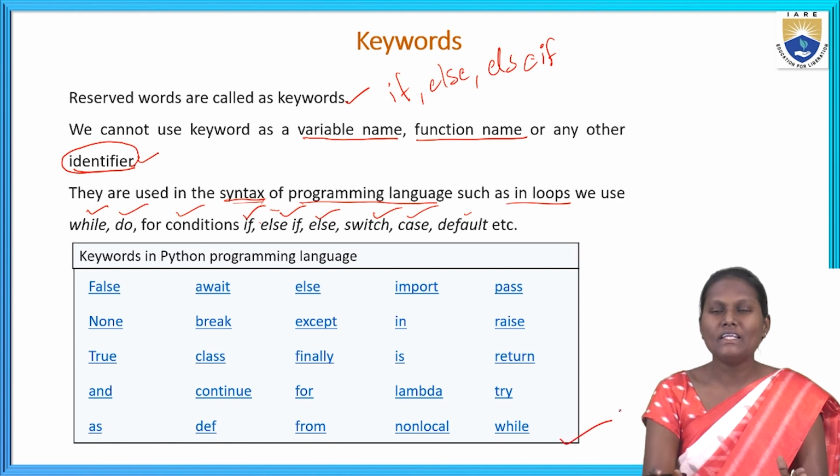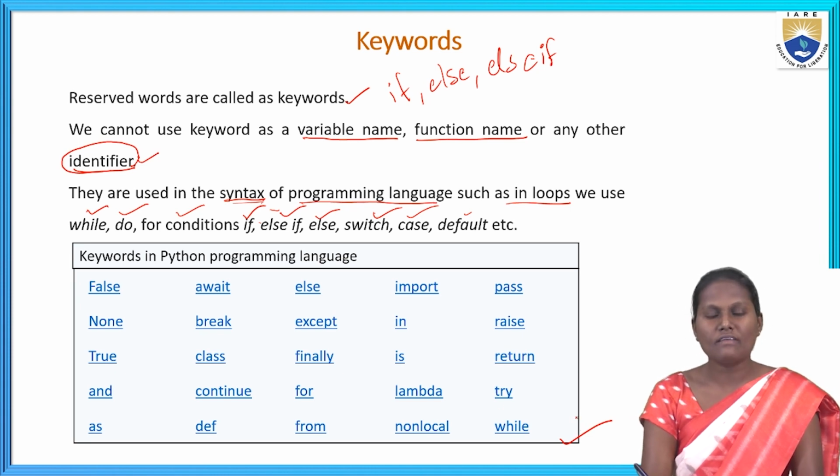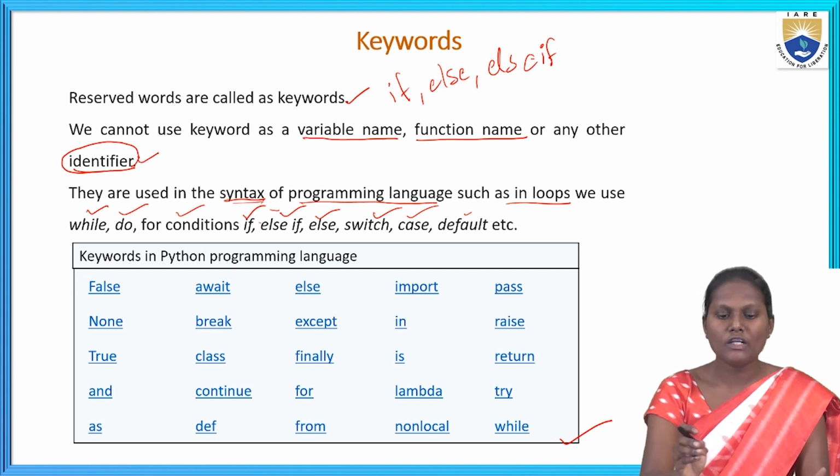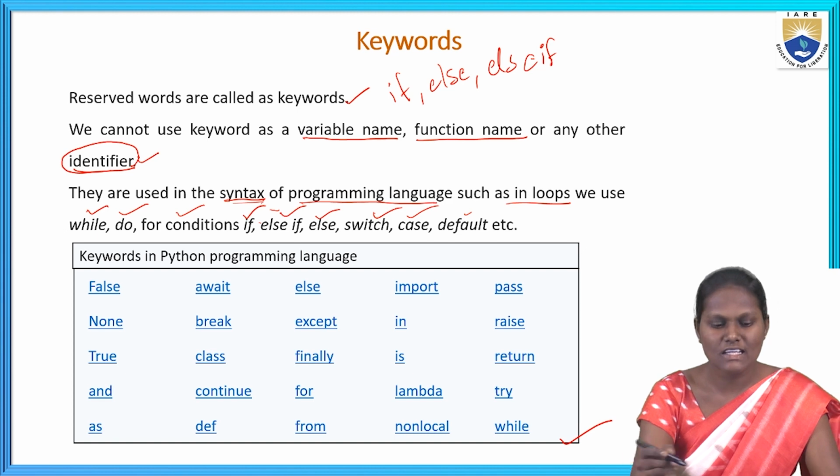These are the main ones we use effectively in our daily life, or while writing a program, where we can use these keywords in the Python programming language. So briefly, you can remember point-wise, I can explain once again.